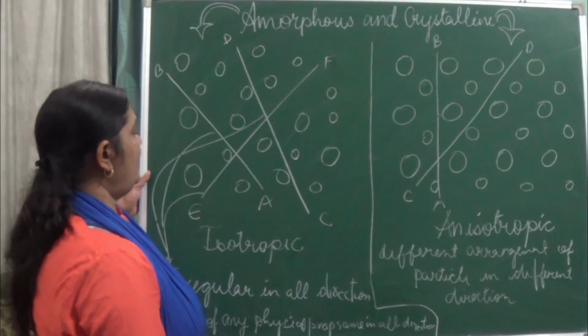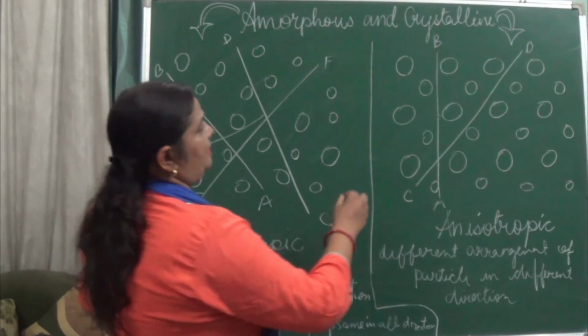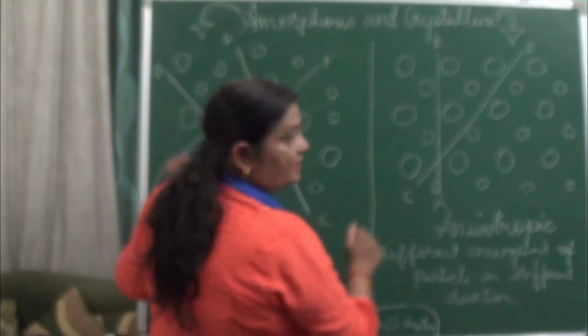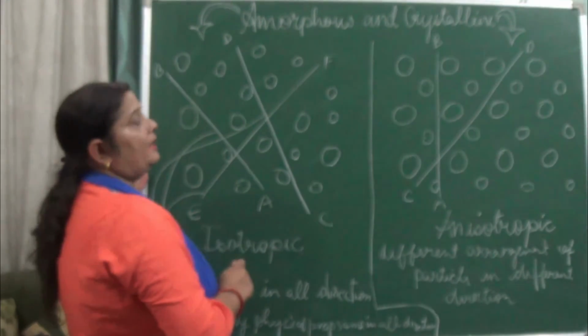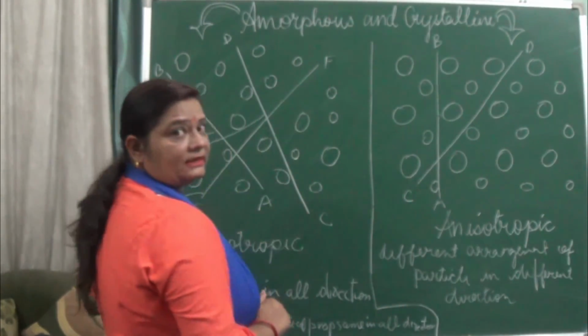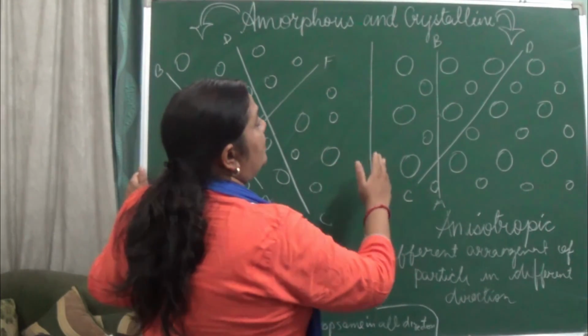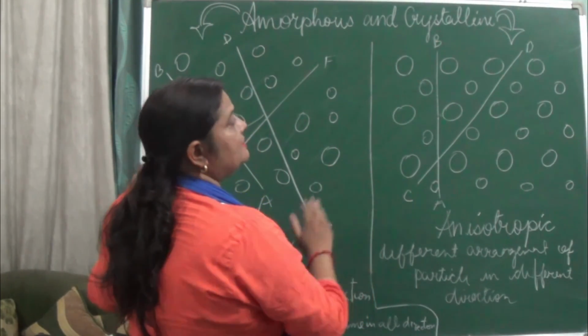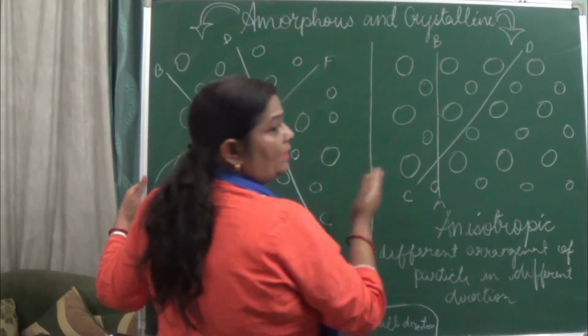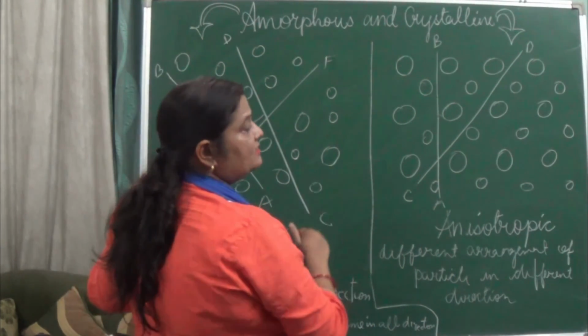See what happens in case of anisotropic in the crystalline form. We have seen that there is long range arrangement of the atoms, isn't it? And so it has a fixed shape. When we see it from different planes, it is not similar.